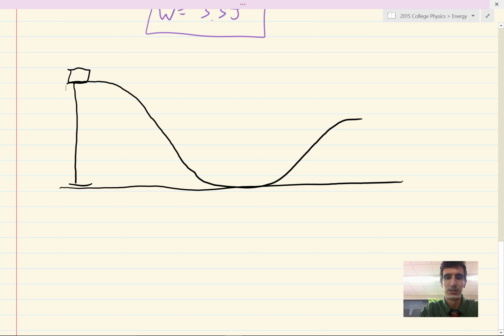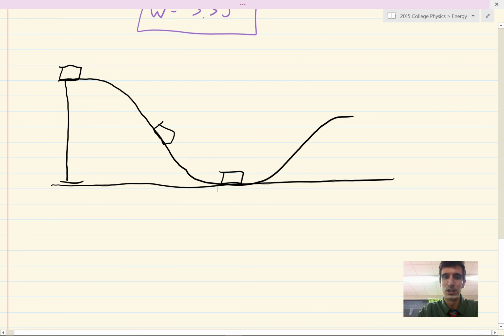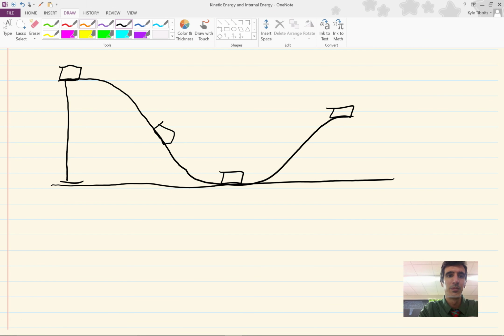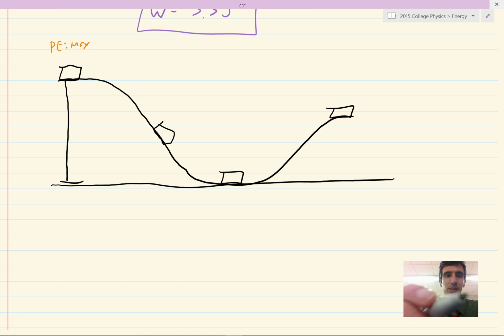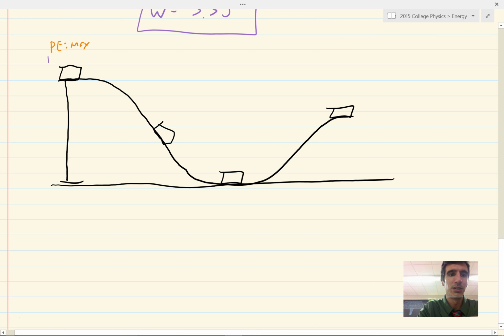We'll look at here, as it goes down, at the very bottom, and up to the spot right here. So, at the very top, it has maximum potential energy. So, PE equals max. Since it has maximum potential energy, and it's not really moving at the top, kinetic energy equals 0.